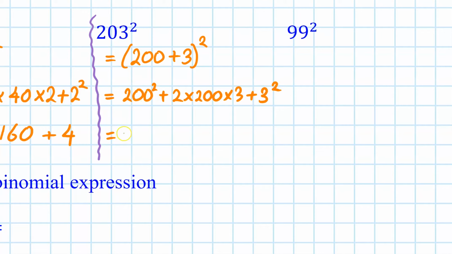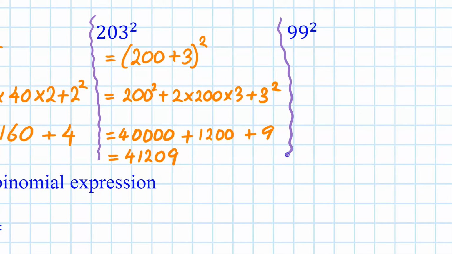Now 200 squared is 40,000, plus 2 times 200, 400, times 3, 1200, plus 9. So the answer becomes 41,209.